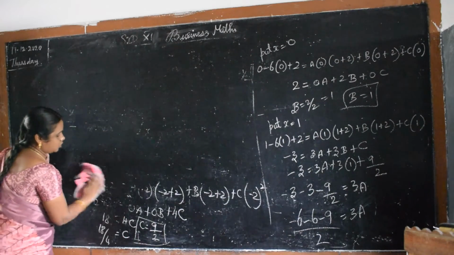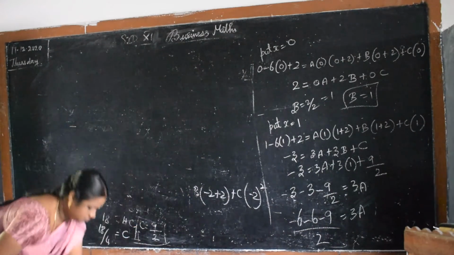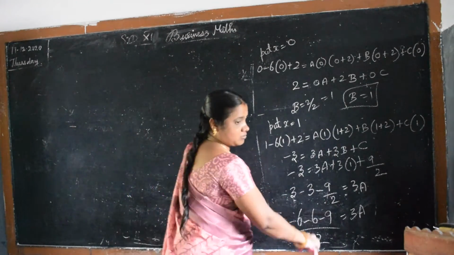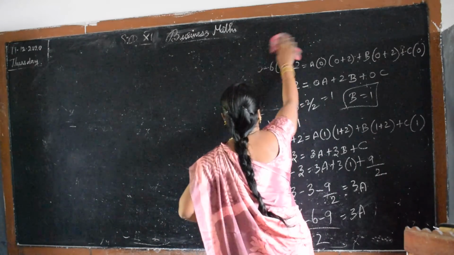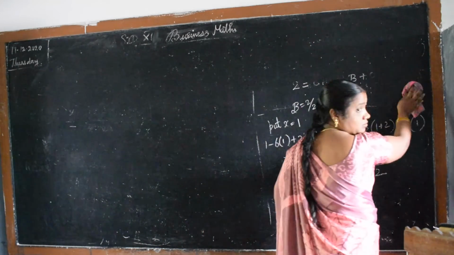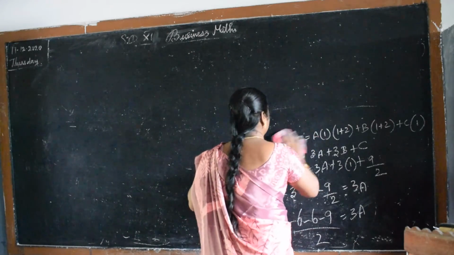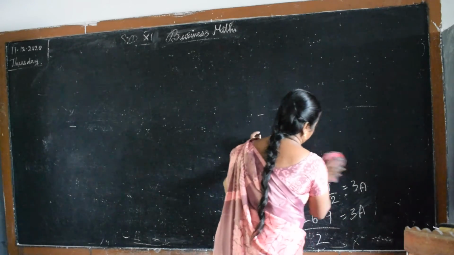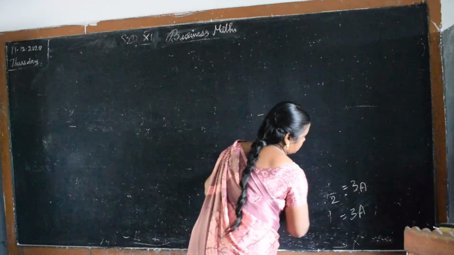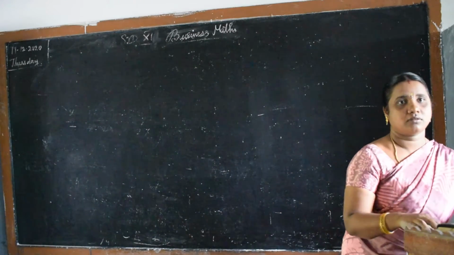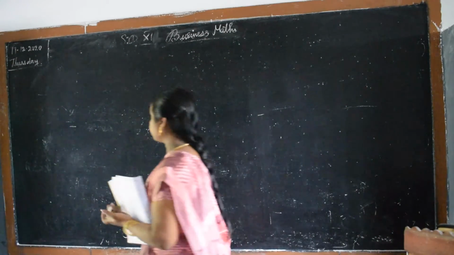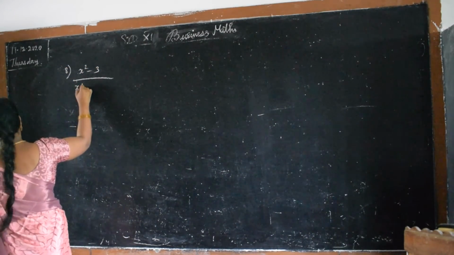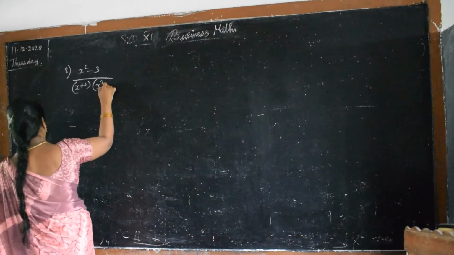See, this is the last problem, the 8th problem. See the 8th question: (x² − 3)/((x + 2)(x² + 1)).